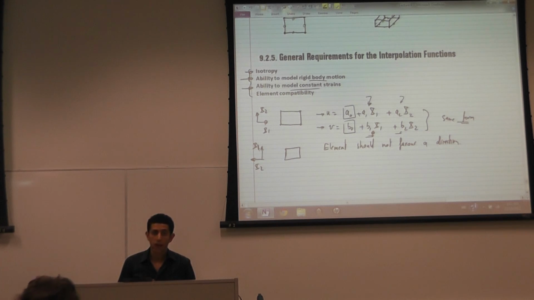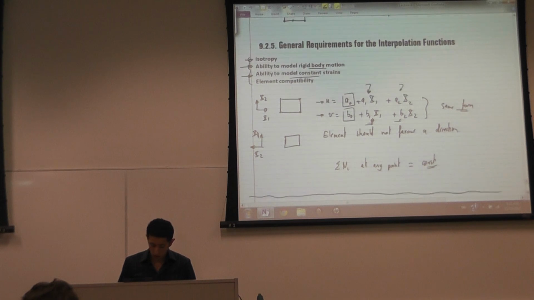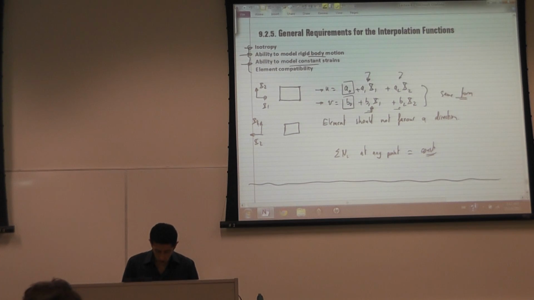The shape functions that you have, the sum of Ni at any point is equal to a constant, which means u can always be equal to a constant multiplied by 1.